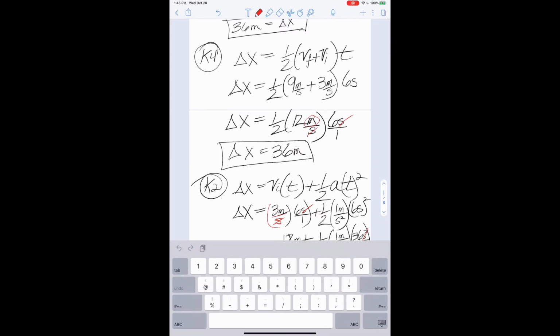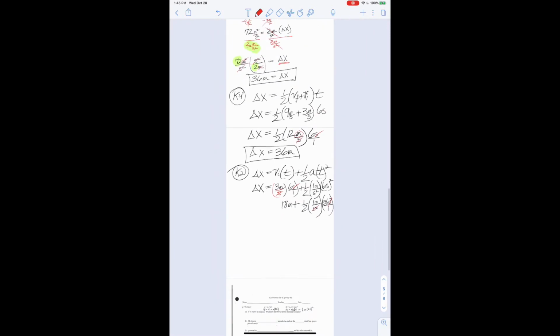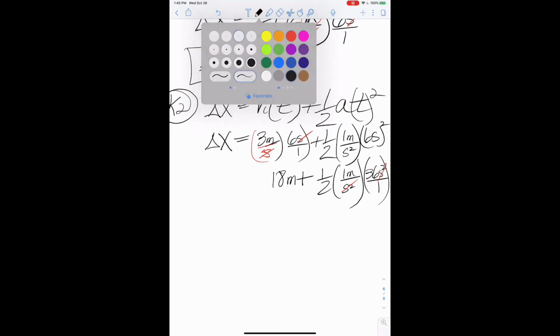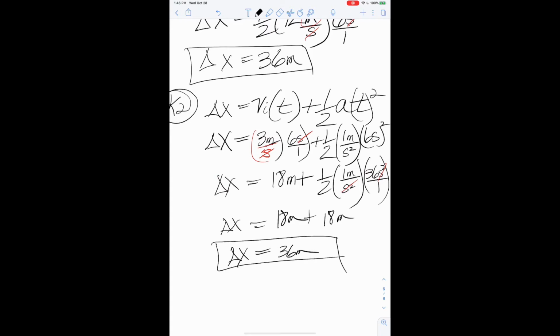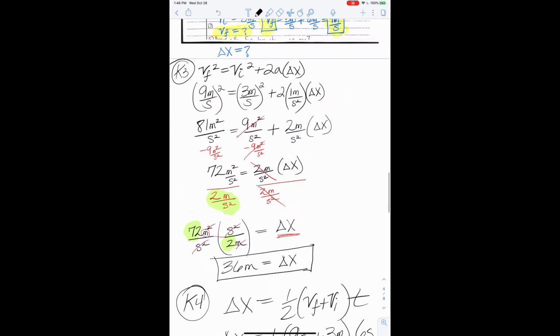So this is going to be half of 36, which is 18 meters again. Okay, you get the idea. So it doesn't matter which formula you take. They all work the same.